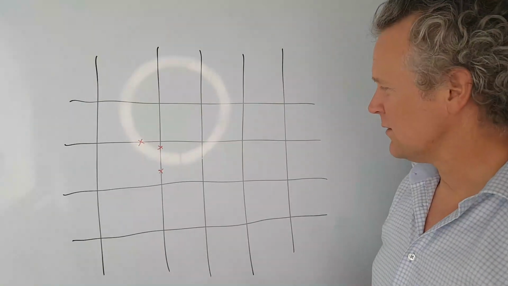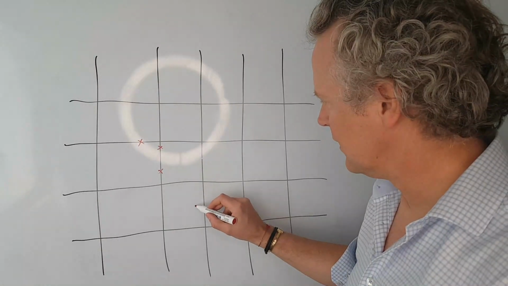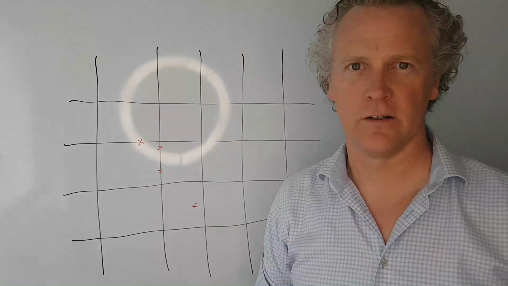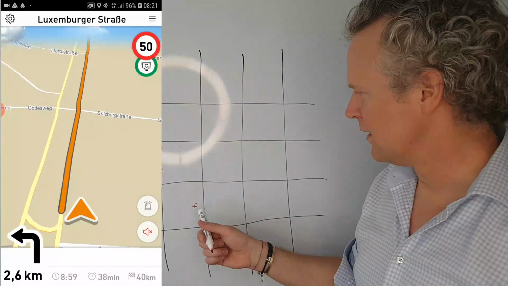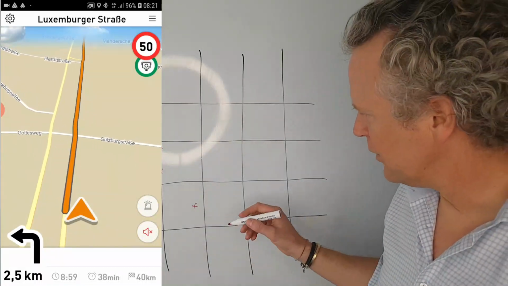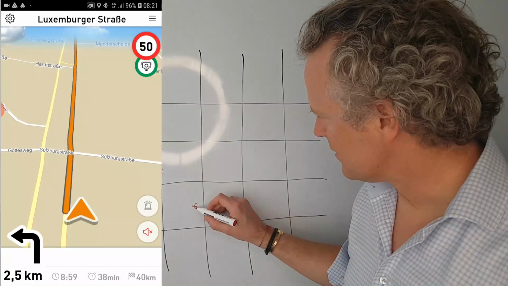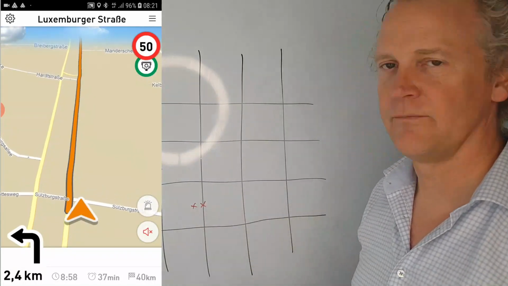Now in the real world, what happens is the GPS receiver gives a position somewhere around here. And then the navigation software has to make sense of that and figure out where it actually is. So it's pretty easy to say, for instance, that most likely your actual position is here.